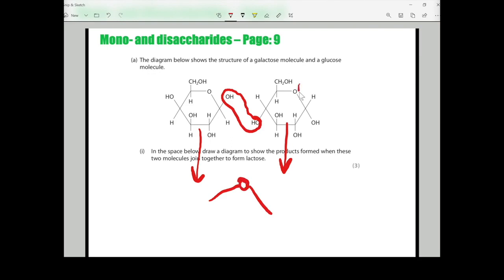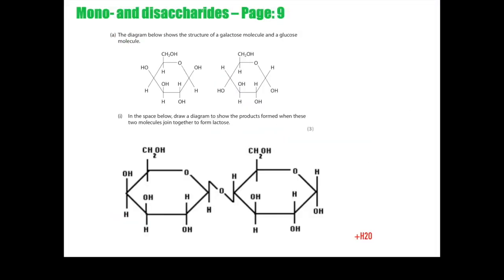So again, copy these, show the bond, and show that you've removed a water molecule. So 3 marks: 1 for the bond, 1 for the water molecule, and 1 for copying these structures. This is taken from the marking scheme. It shows you how they've drawn the glycosidic bond.